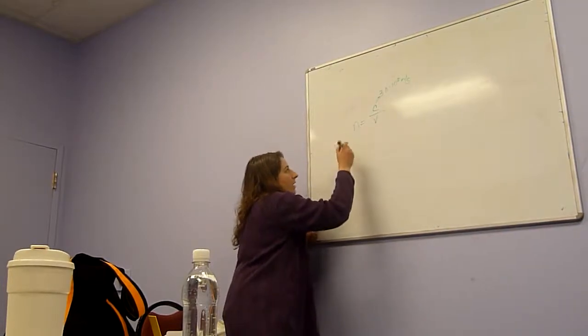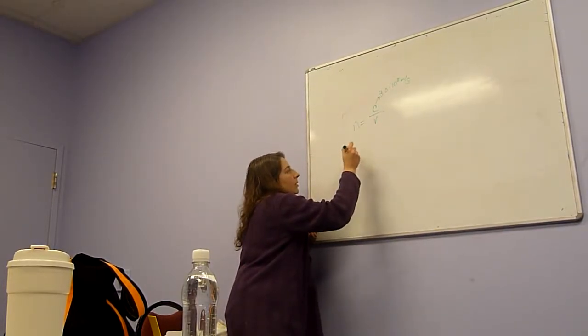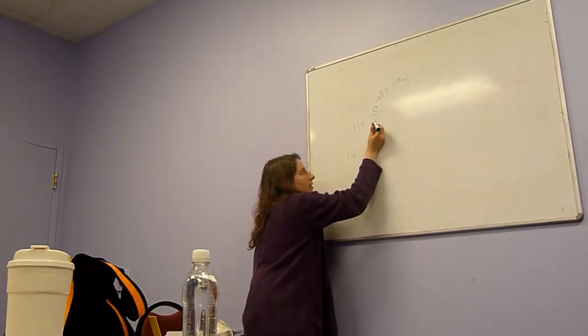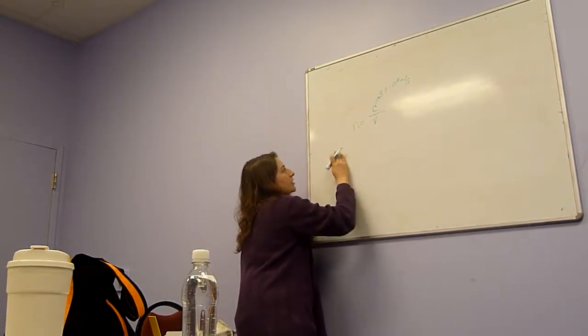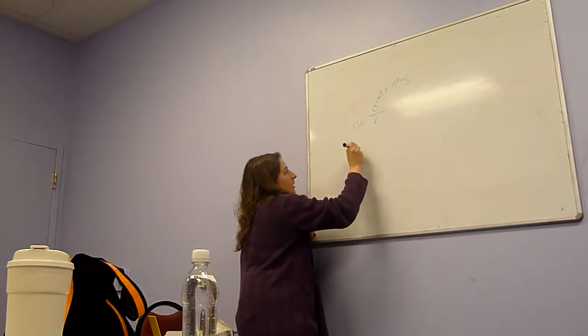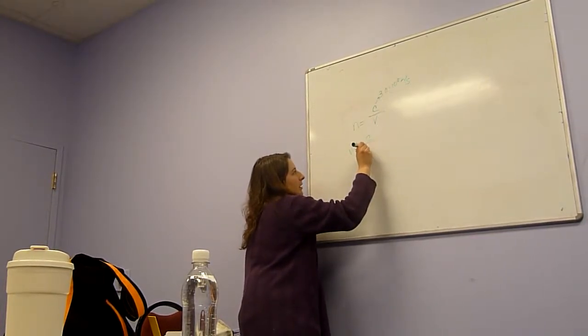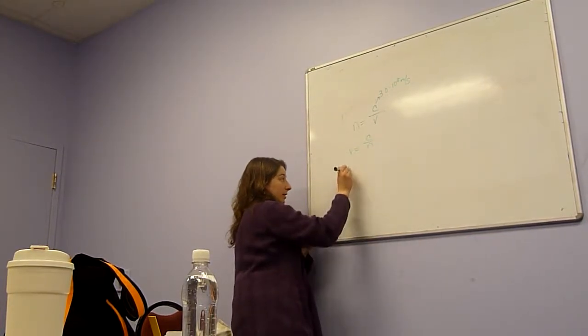So if n of ethyl alcohol is 1.4 and you want to find the velocity of light, you can just rearrange this equation to be velocity equals the real speed of light divided by the index of refraction.